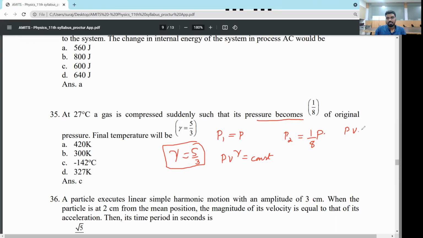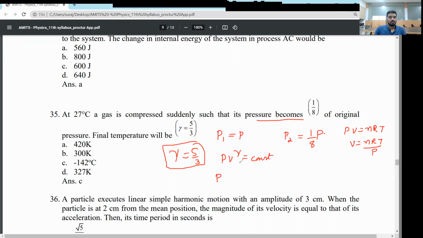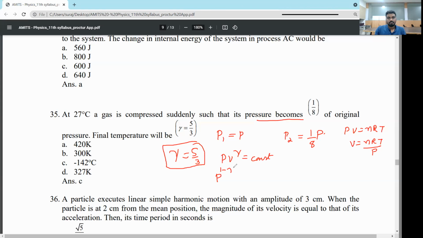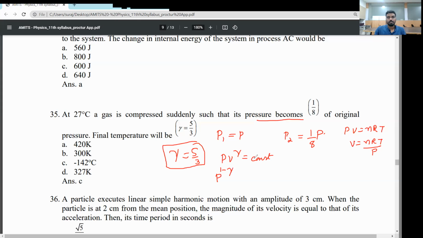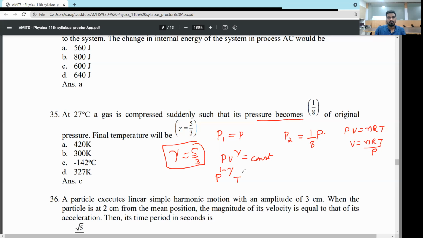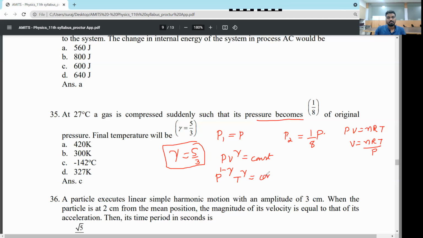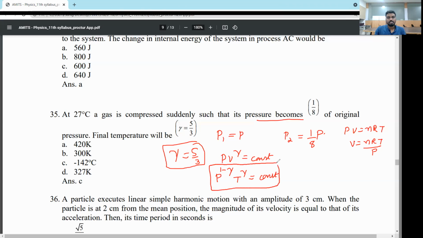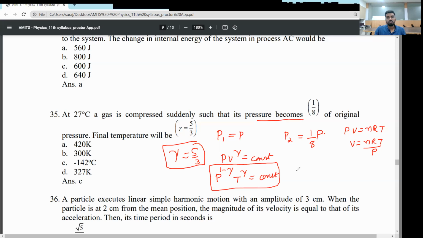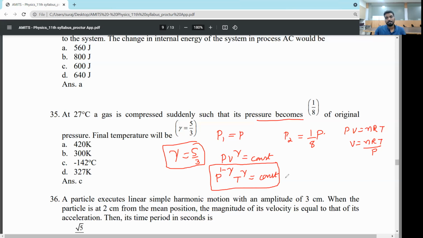I know that PV is equal to nRT, so V can be written as nRT by P. So this becomes P to the power 1 minus gamma, and T to the power gamma is constant. So P1 to the power 1 minus gamma into T1 to the power gamma equals P2 to the power 1 minus gamma into T2 to the power gamma. You can take this down. Gamma is already given as 5 by 3.